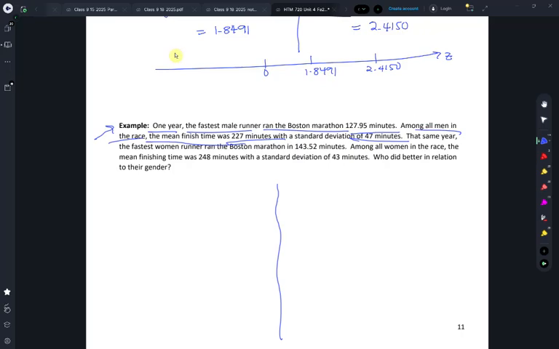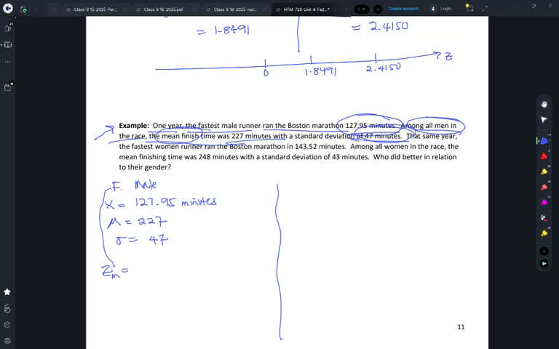So in the category of males, the fastest male runner's raw time was 1:27.95 minutes, and the mean was 227 and the standard deviation was 47 minutes.